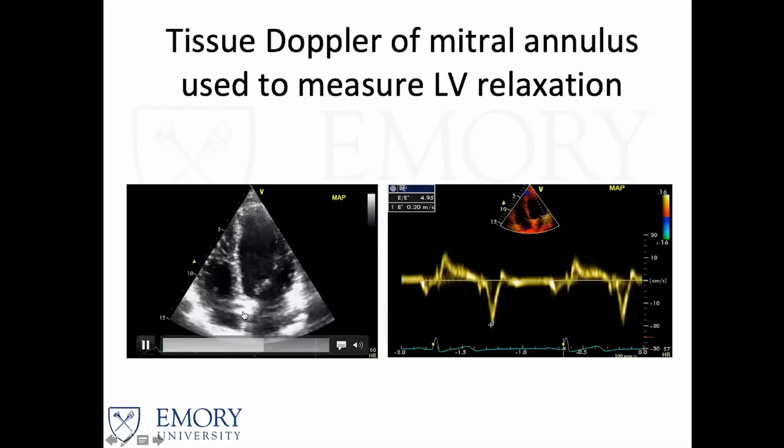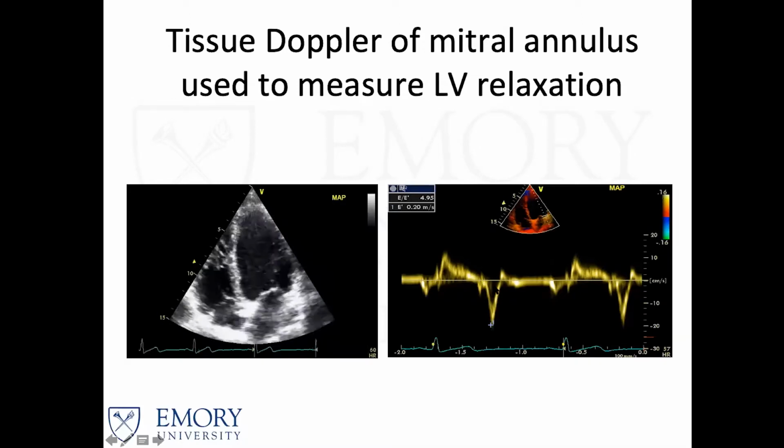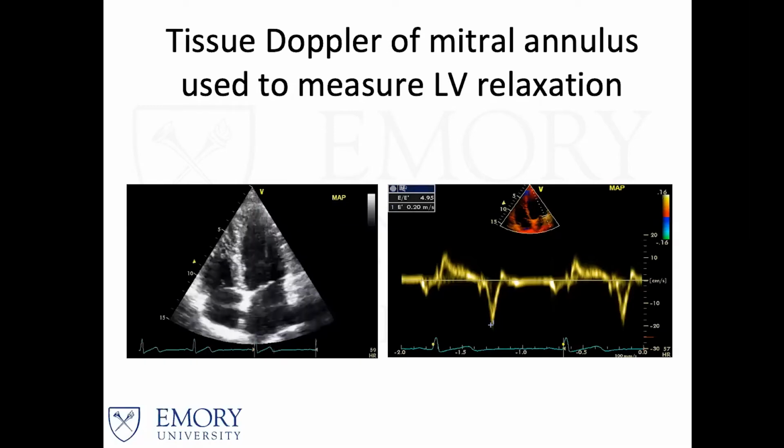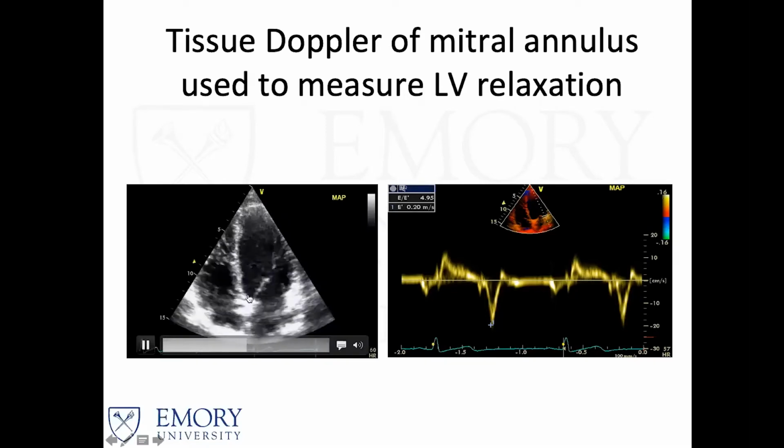So by measuring the tissue velocity of the mitral annulus medially and laterally, we can get this tissue Doppler mitral annulus velocity, and the normal numbers vary by age, which is something that is not, in my mind, addressed in the guidelines. We're given simple cutoffs of 7 and 10 for medial and lateral. So the medial is 7 and the lateral is 10 in the guidelines.